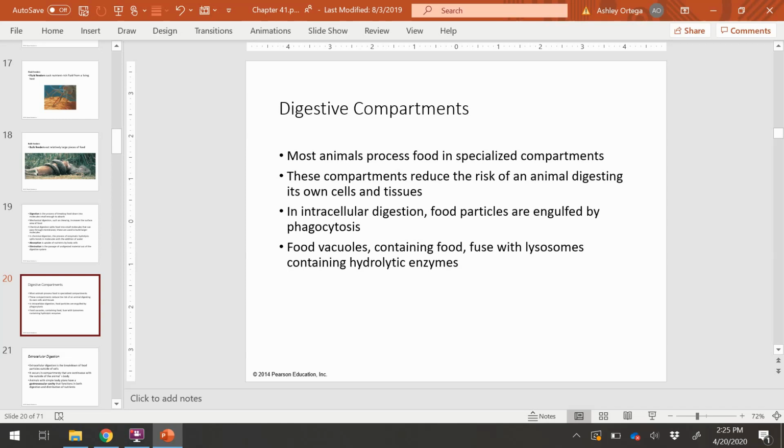So that is within the cell. Cells will take in food particles by the process of phagocytosis, something you may be familiar with from Bio 1. And so food vacuoles are then formed that will fuse with the lysosome, which is an organelle within the cell that will break apart that food.